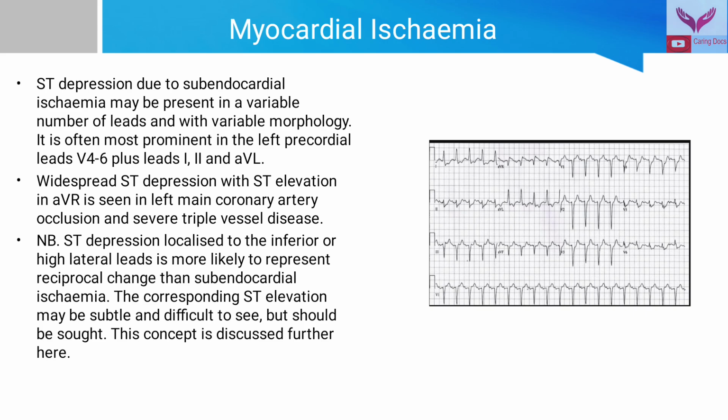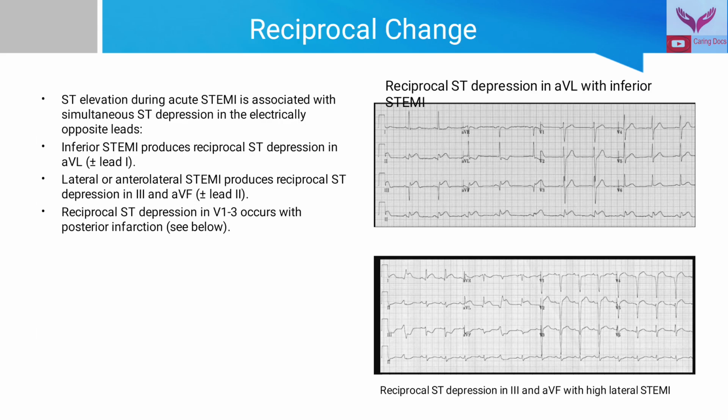ST depression localized to the inferior or the high lateral leads is more likely to represent reciprocal changes than subendocardial ischemia. The corresponding ST elevation may be subtle and difficult to see but should be sought, and this concept is discussed further in detail.